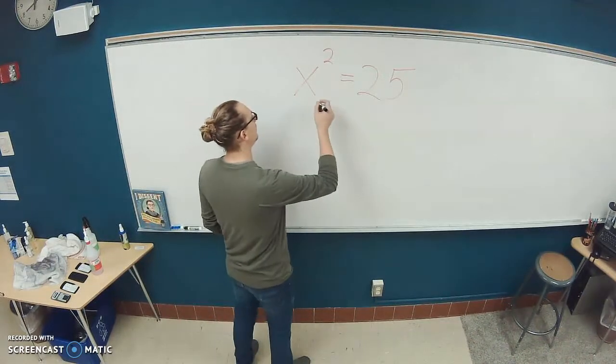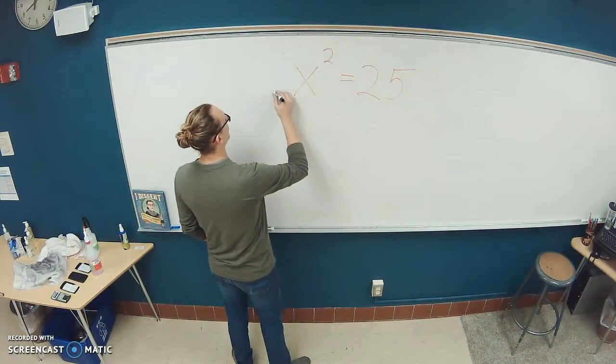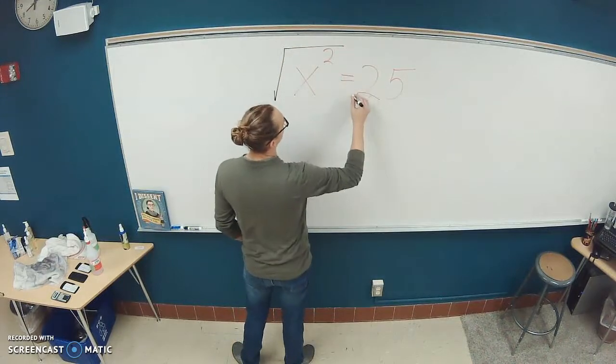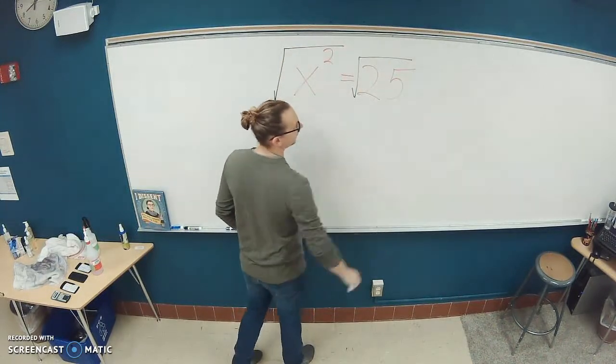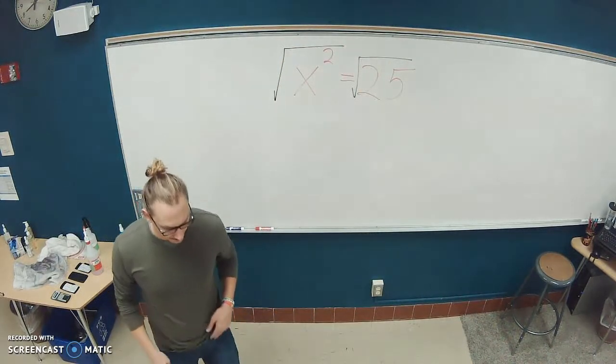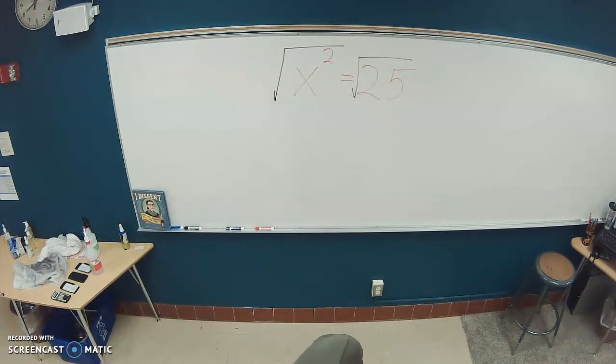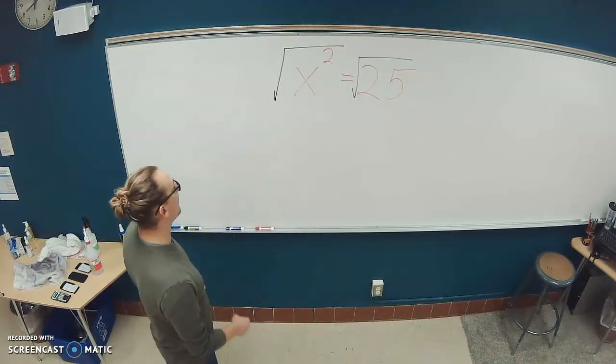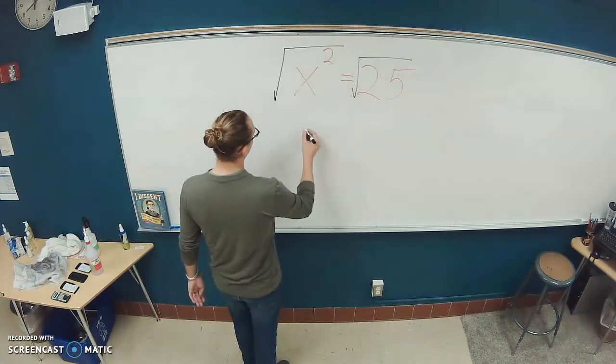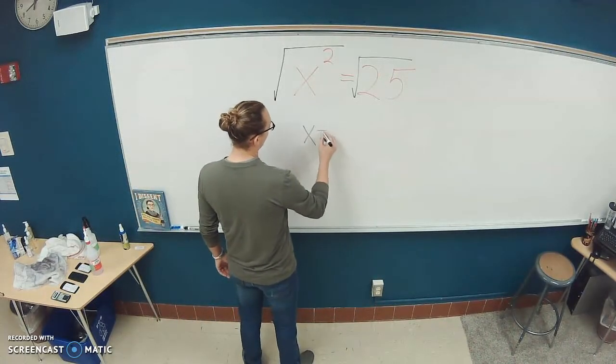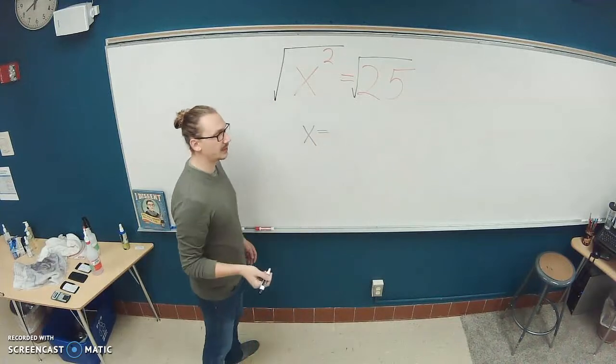Let me demonstrate. In order to solve this, we're going to need to take the square root of both sides, which you're allowed to do, because as long as we do it to one side, you can do it to the other side. And then we'll get x equals, and here's the tricky part.